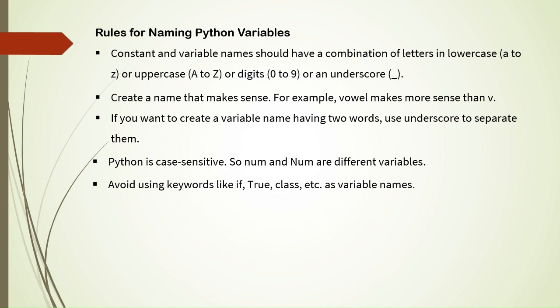If you want to create a variable name having two words, use underscore to separate them. Python is case sensitive, so num with small n and num with capital N are different variables. Avoid using keywords like if, true, class, etc.